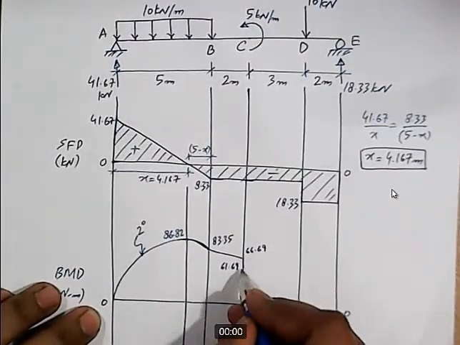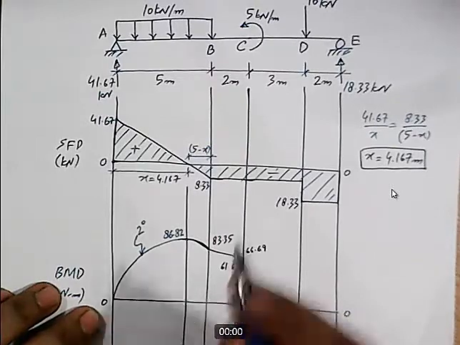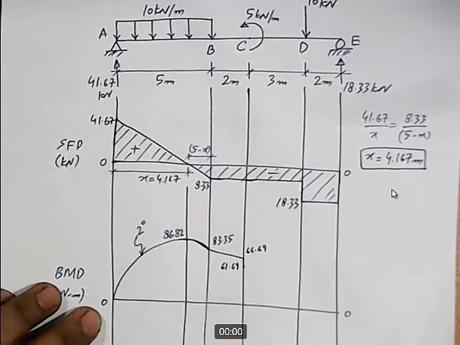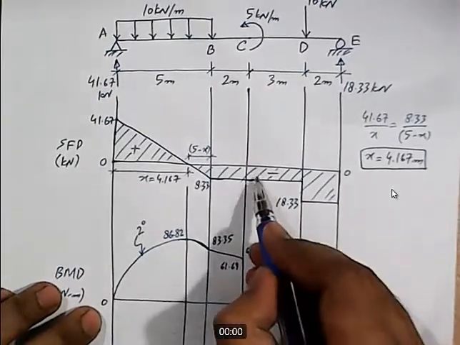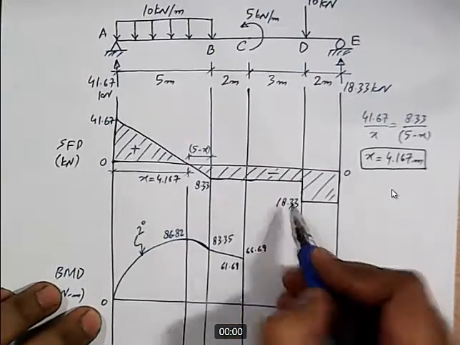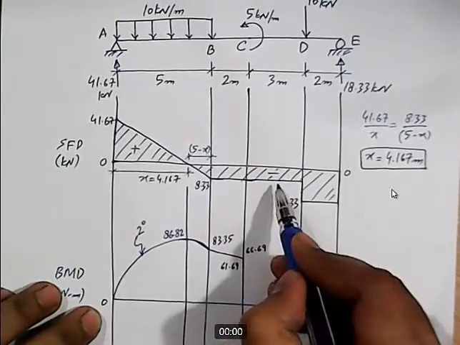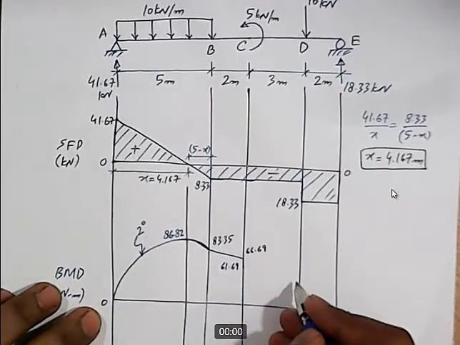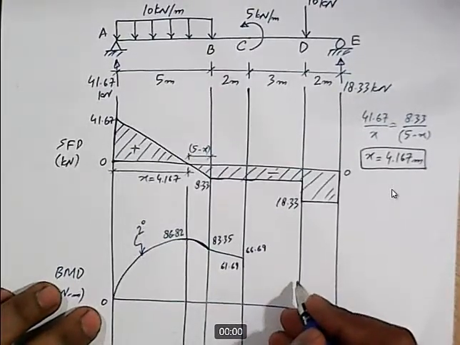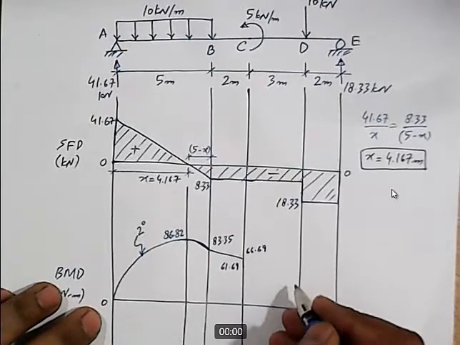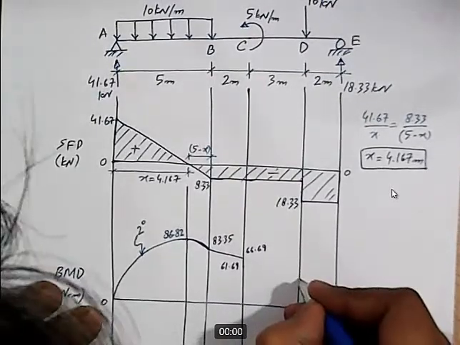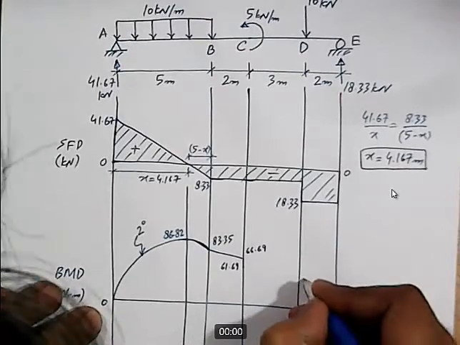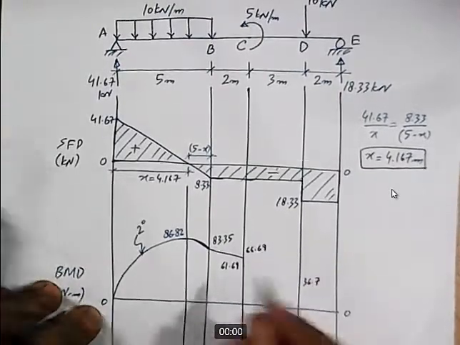And then from 61.69, if we subtract this area, which is 8.33 into 3, we will get the value of bending moment at point D. And how much is that? That is 36.7.